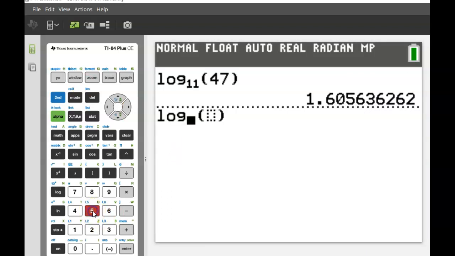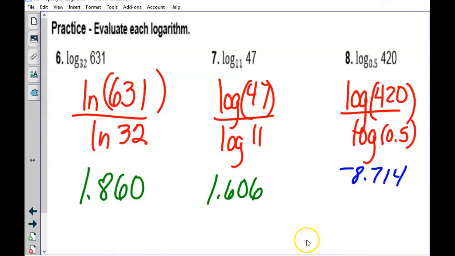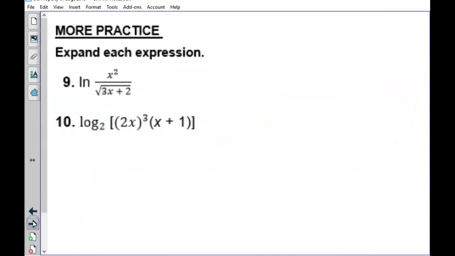So alpha window 5 brings it up. Otherwise, math button alpha A. Oh, so it's math, alpha math? So you got to decide which shortcut you like. Or you just use change of base, which is the way I learned to do them. All right, a little more practice. Who's got the first one?